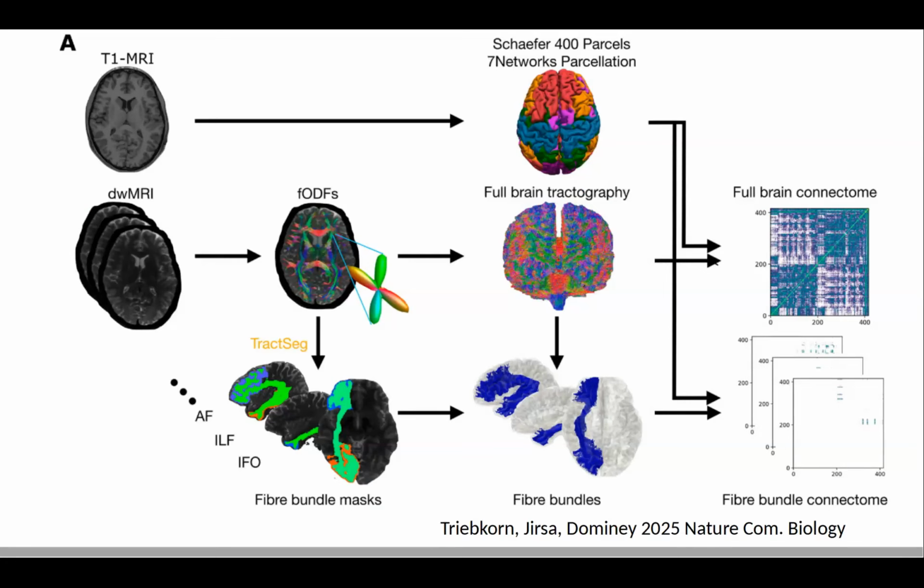And then you can also parcel out these different fiber bundles, like the inferior frontal occipital fasciculus, the arcuate fasciculus, different pathways that are known in the human.